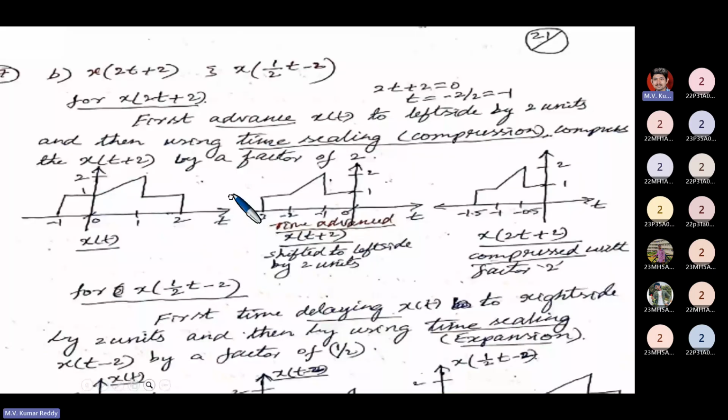Equate the value in the brackets. 2t plus 2 is equal to 0, t is equal to minus 2 by 2, that is equal to minus 1. So for x of t plus 2, first advance.